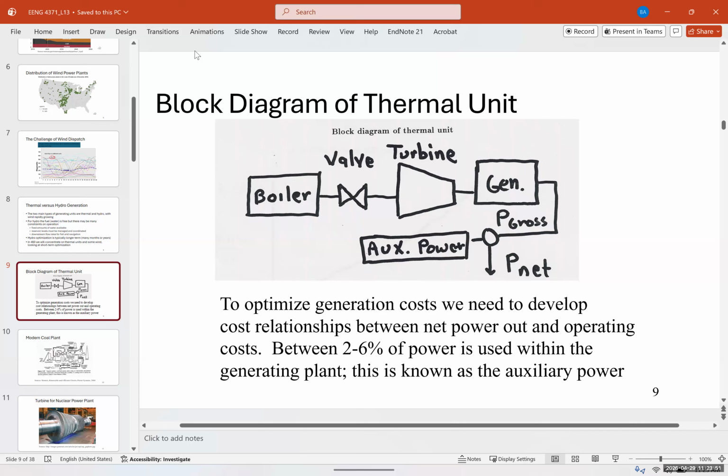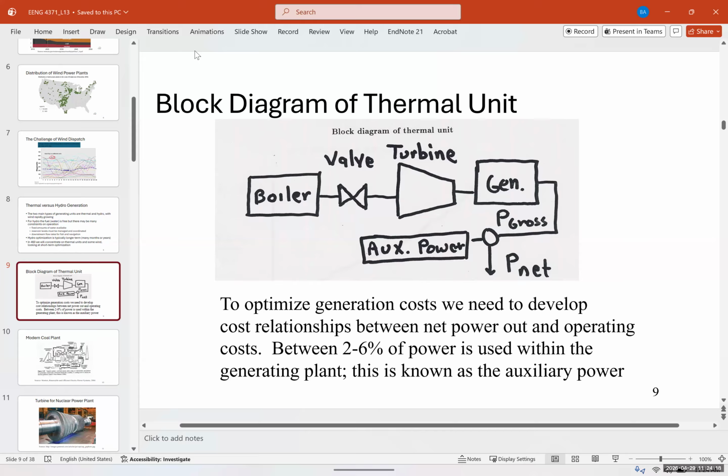And the power that actually leaves the plant and is delivered to the grid is called the net power output, and that is the power that we use in our cost models and economic dispatch models. So we always work with the net power output, not the gross power output.